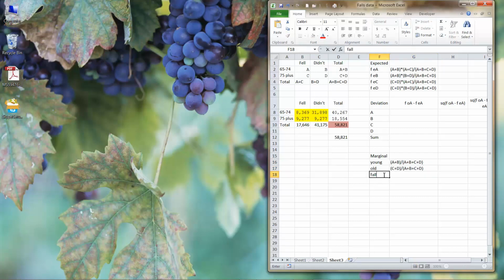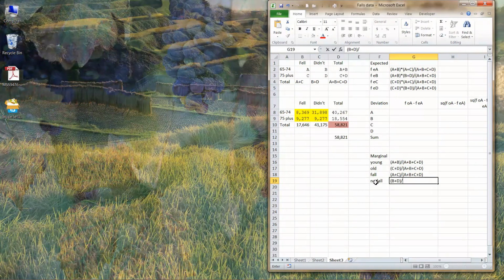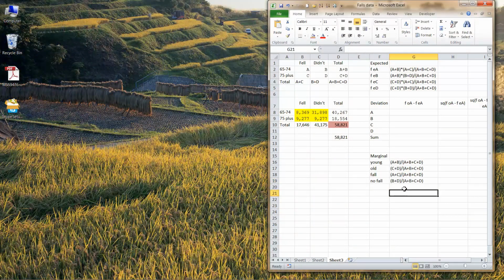The probability of fall is A plus C over our total. The probability of no fall is B plus D over our total.